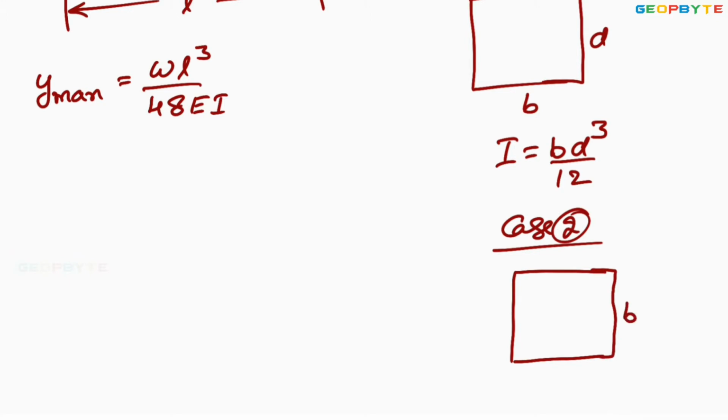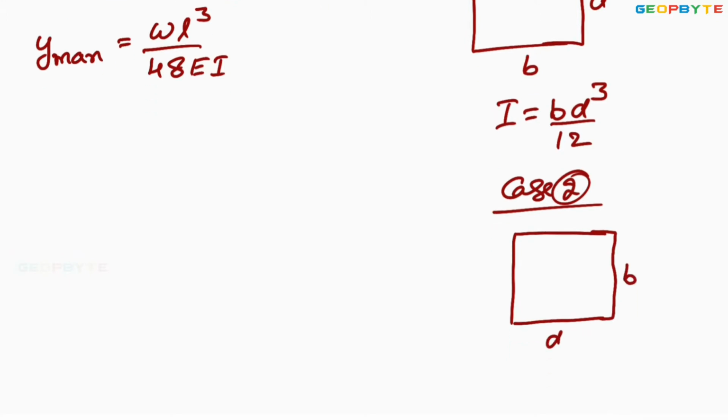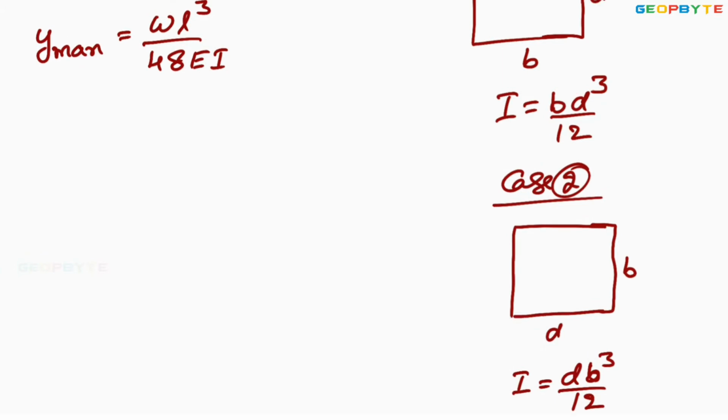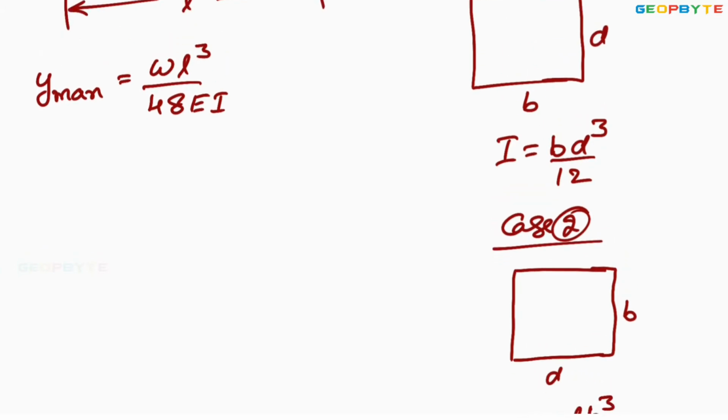Then this is the breadth, this is the depth. For this case, moment of inertia I equal to dB cube by 12. Right. Now, for both cases, the load remains constant, length remains constant, Young's modulus remains constant.